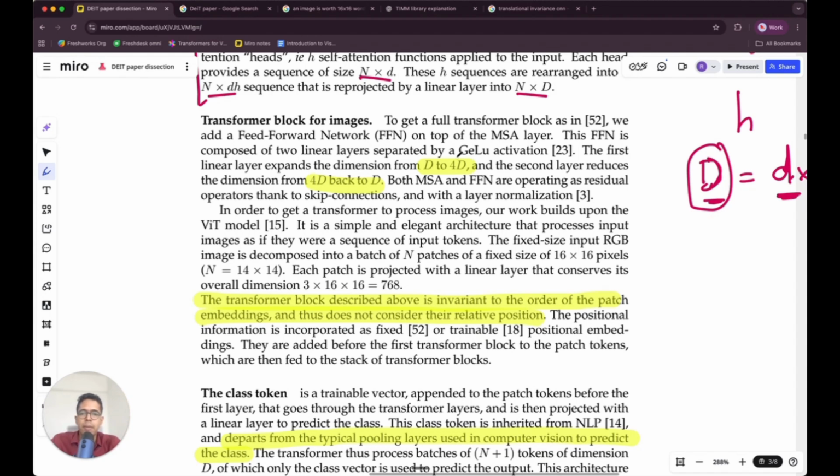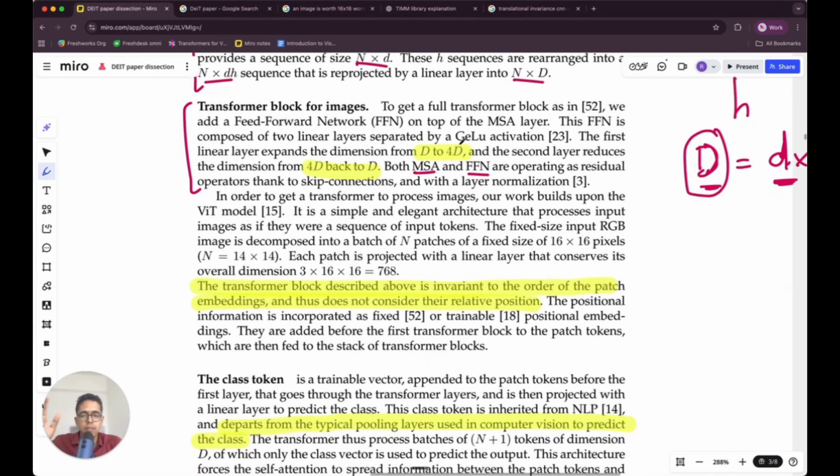And then you project it back from the 4x higher space into the original dimensionality. Both multi-head self-attention and the feed-forward neural network operate as residual operations thanks to skip connections. So there are skip connections going around each of these, with layer normalization. So this is the standard transformer block architecture, which was used exactly the same as in the Attention Is All You Need paper.